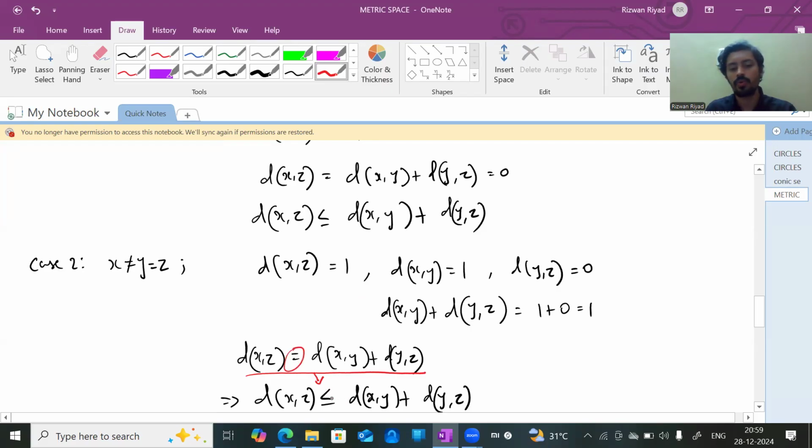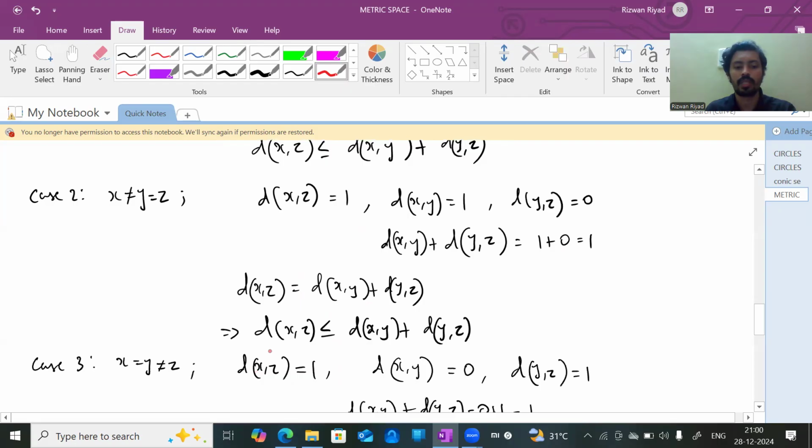This is nothing but the triangle inequality, d of xz less than or equal to d of xy plus d of yz. The fourth condition of metric is satisfied in case 2 also.